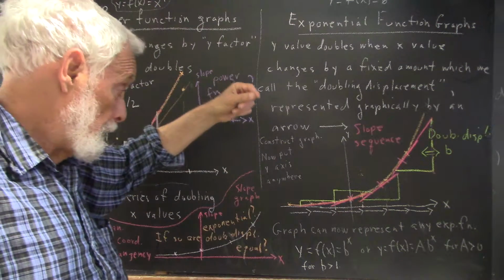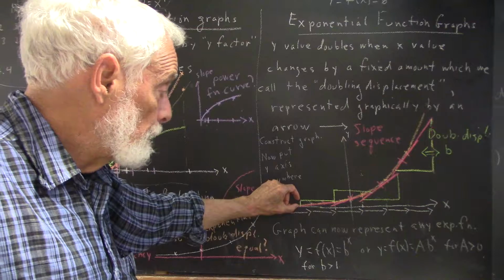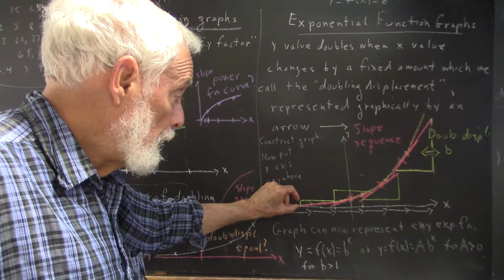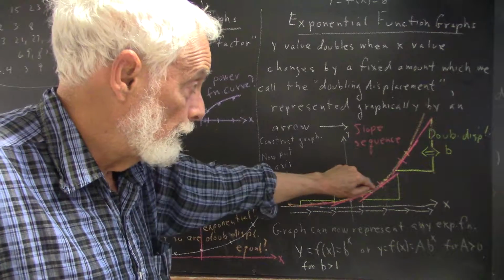Whatever the slope is here is going to be the rise divided by the run. Whatever the slope is here is going to be this rise divided by the run.